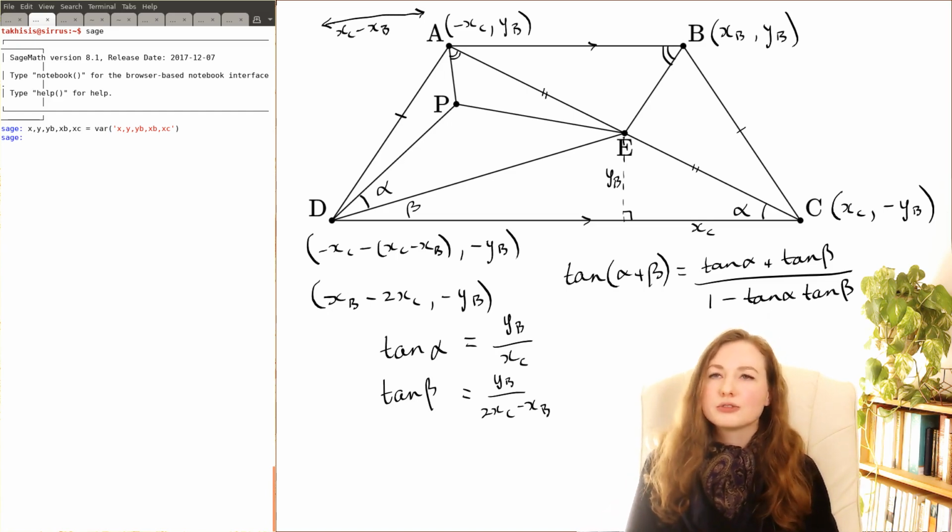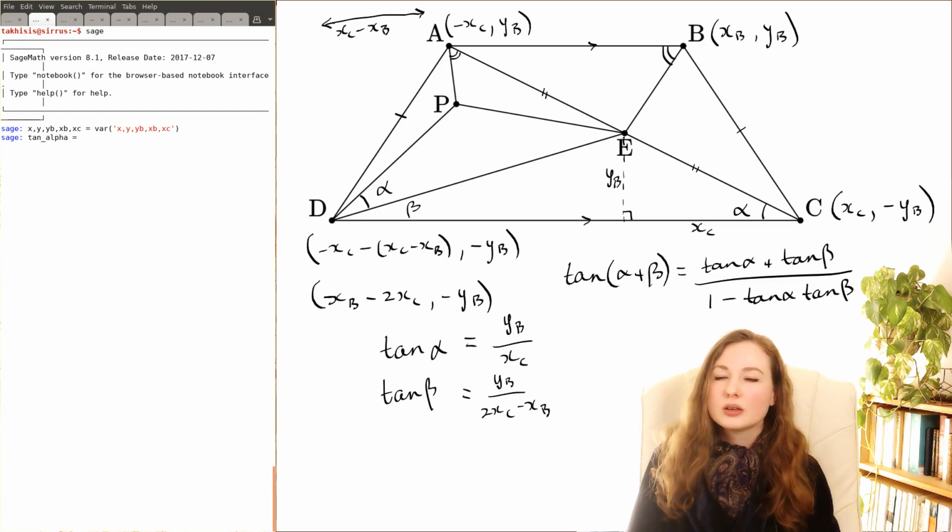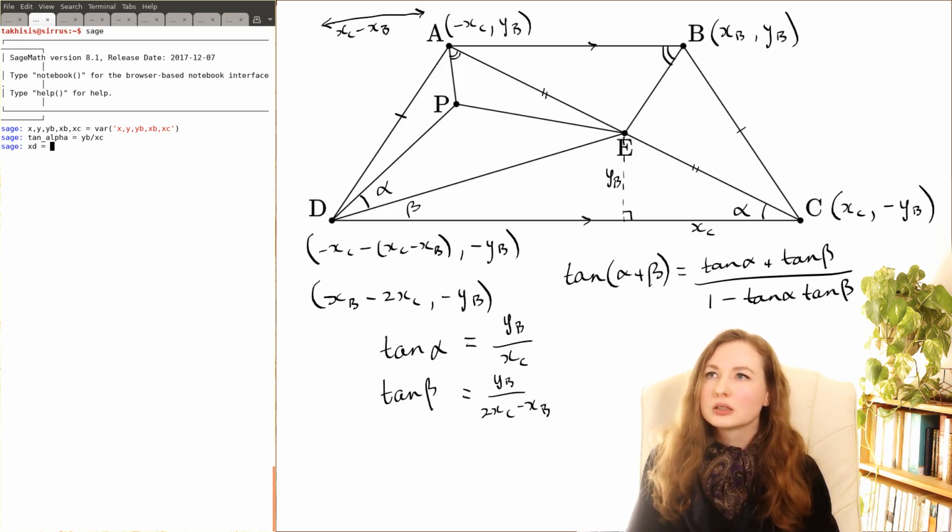Now we could define tan alpha as yb on xc, and let's tell it what xd is. The x coordinate at D is xb minus 2 times xc. And then we can define tan beta as yb on negative xd.